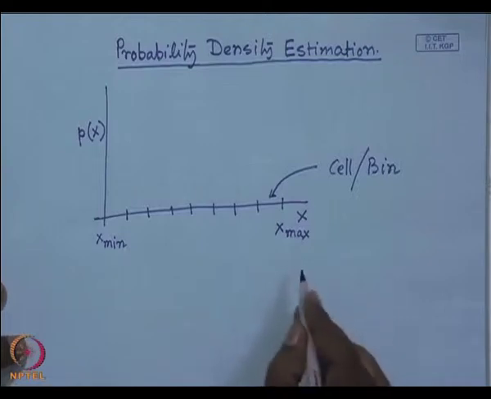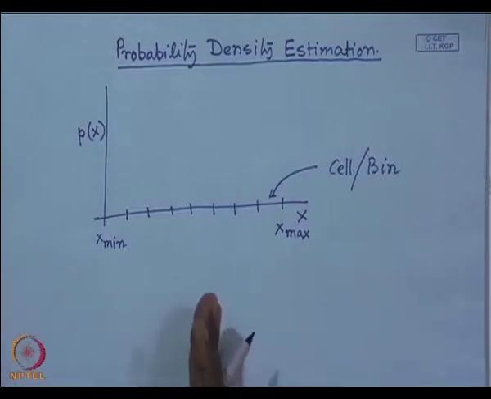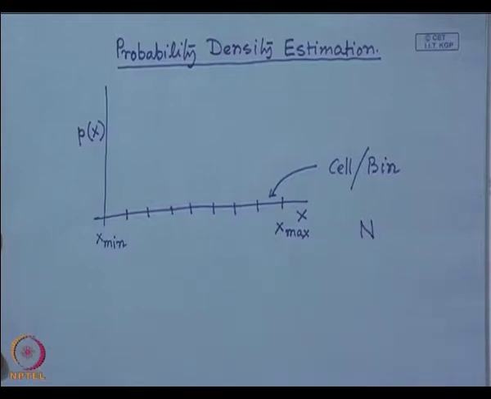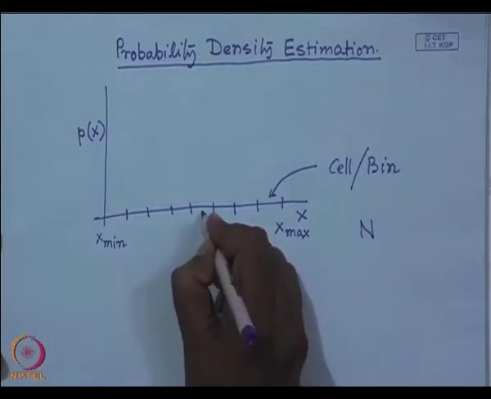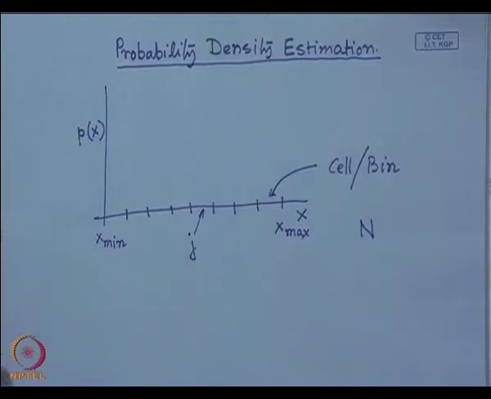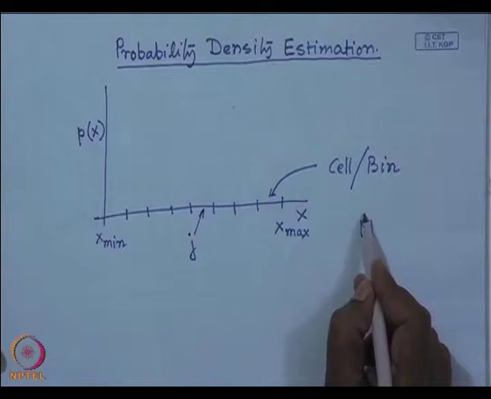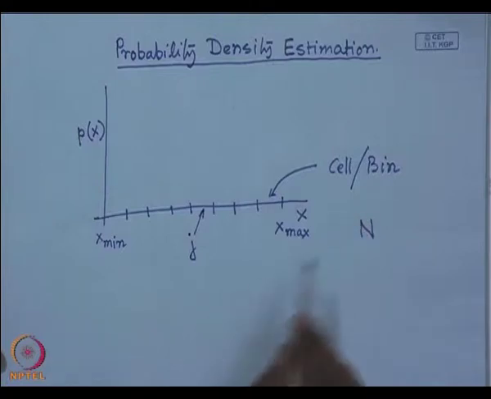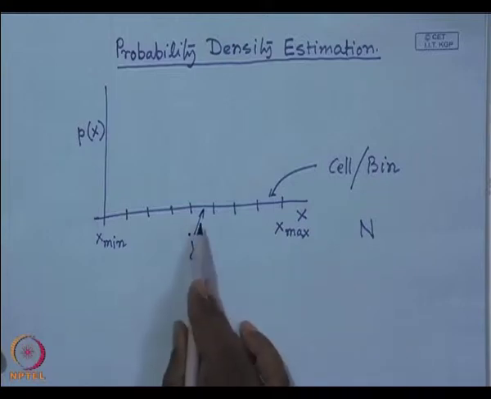So, now suppose to estimate this probability density function, you have been given certain number of samples of x. So, suppose the total number of samples I have is capital N, and I take any bin, say jth bin, and I try to find out that out of this total number of sampled values of x, how many such samples lie in this jth bin.